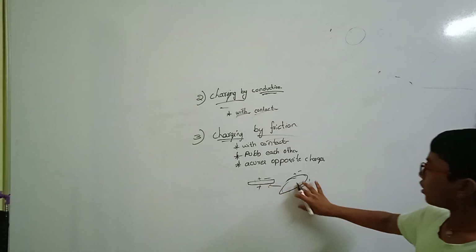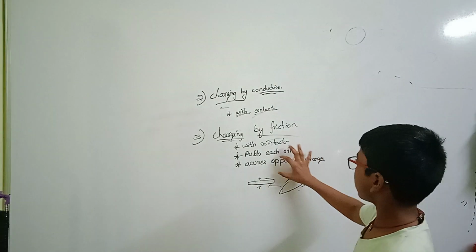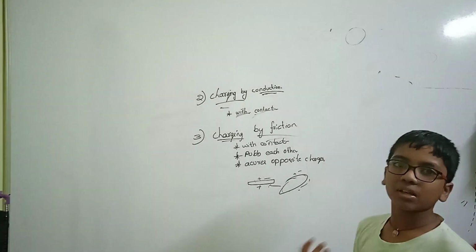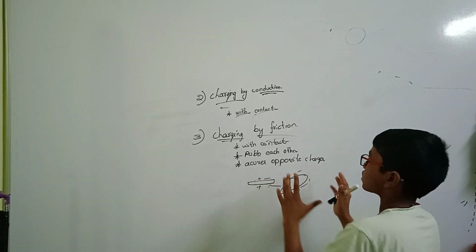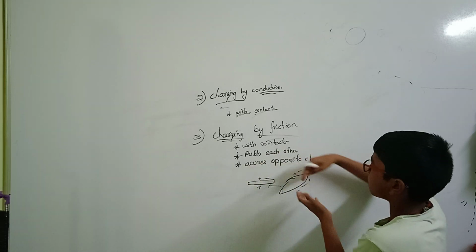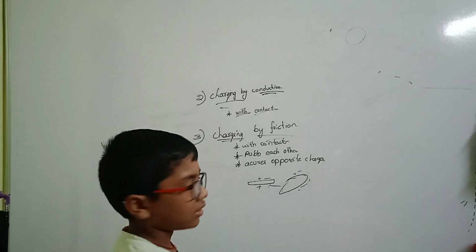Or the glass rod is negative and the other is positive. Means they acquire only opposite charges, not the same charges.